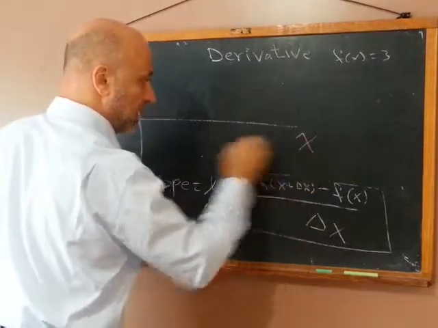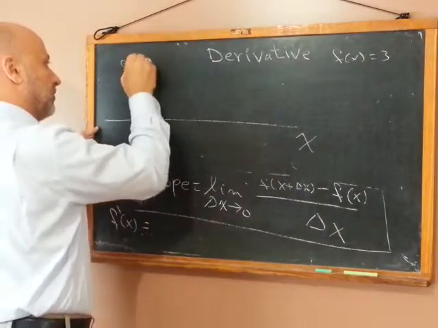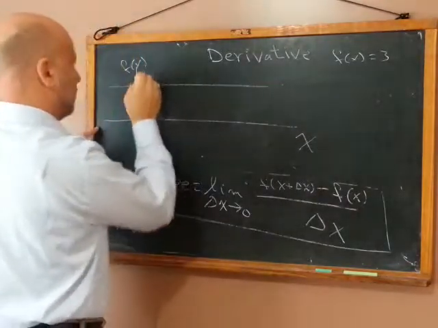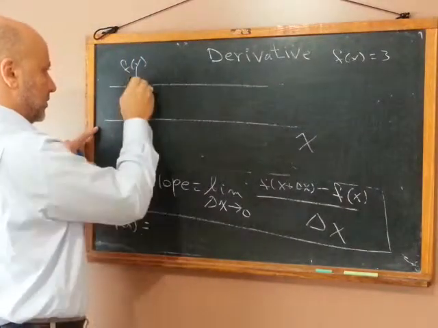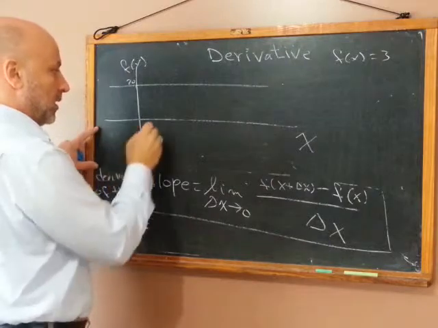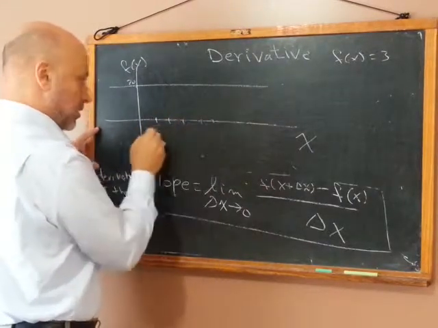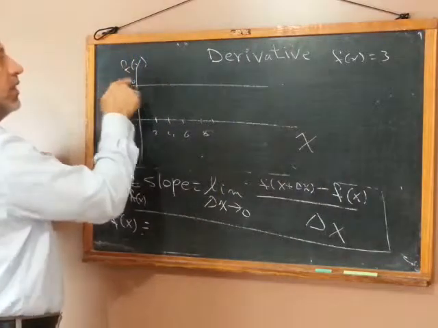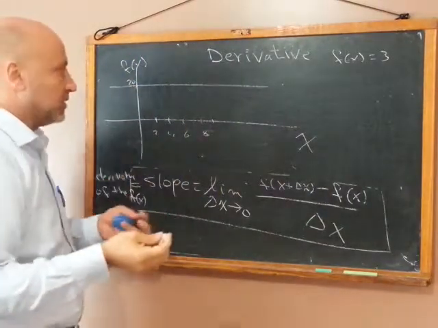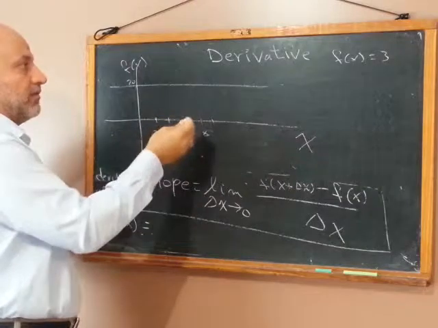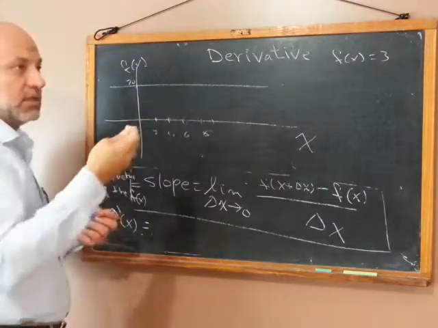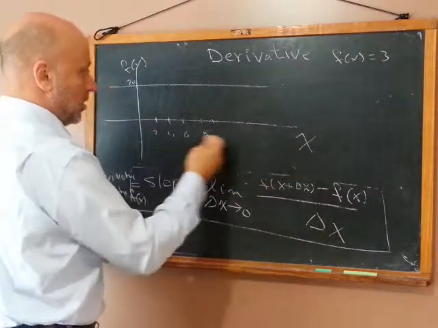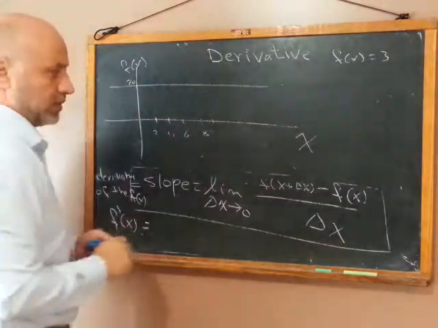Here, for example, x, and here we have f of x, let's say f of x equal 20. But x equal 2, 4, 6, 8, whatever, x keeps changing while y equals this. So the physical meaning is that the slope of this function is a constant. It's not going to change if we change the position of the desired point we are looking at.